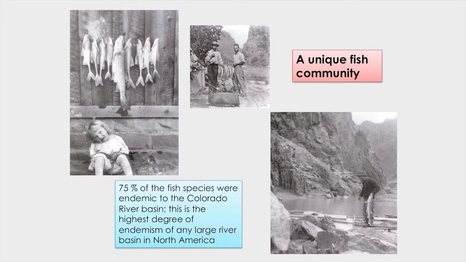Most of the fish of the Colorado River are unique to the Colorado River system and adapted to that harsh environment. The river of today is a very different place, transformed by dams and diversions.